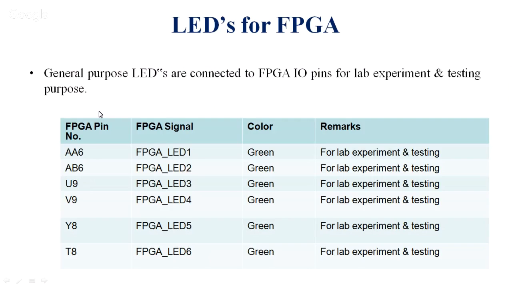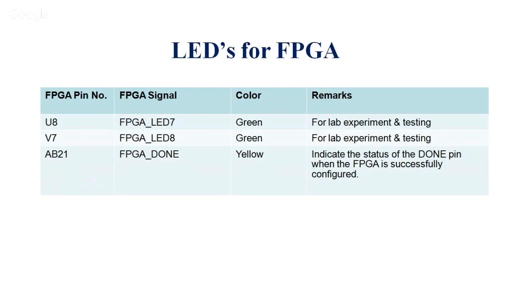This is the table of FPGA pins. Basically, I'm working on a Spartan 6 given by Xilinx. In this kit, the LED addresses are given as AA6, AB6. If I want to use LED 5, then I have to give address Y8 in the UCF file, and so on.